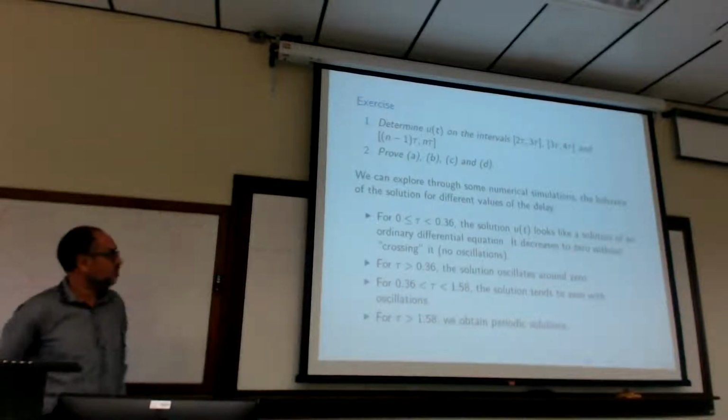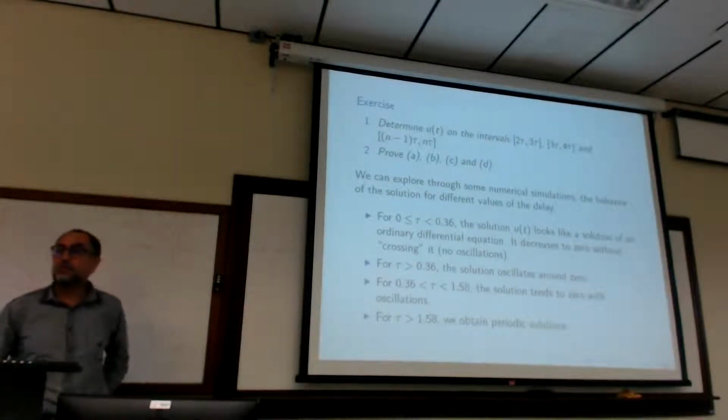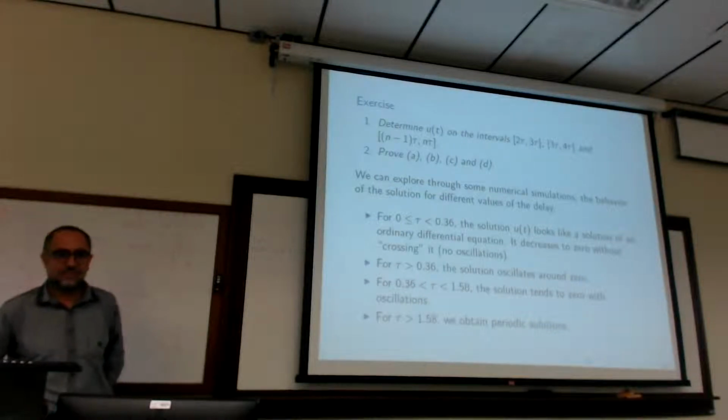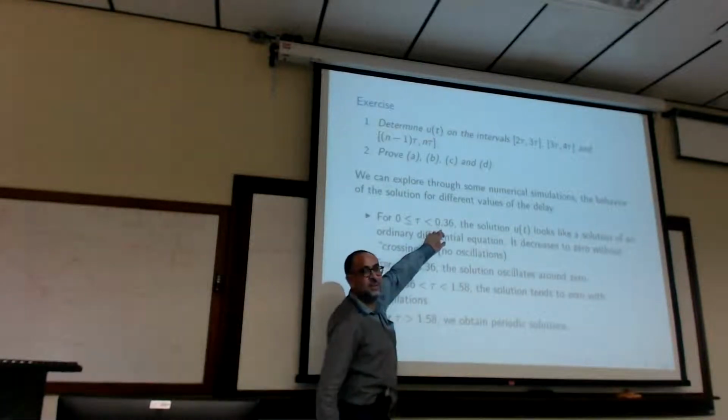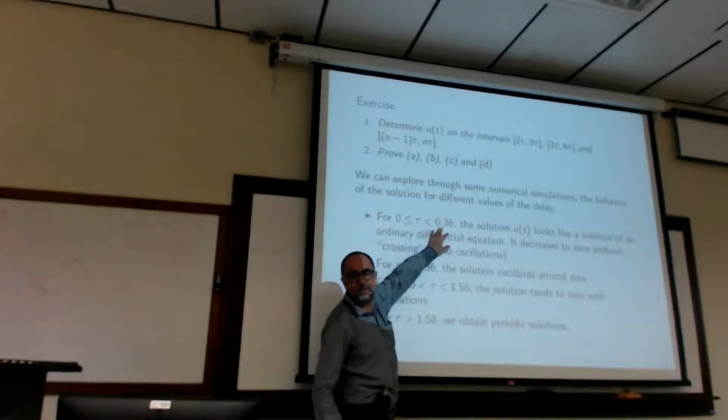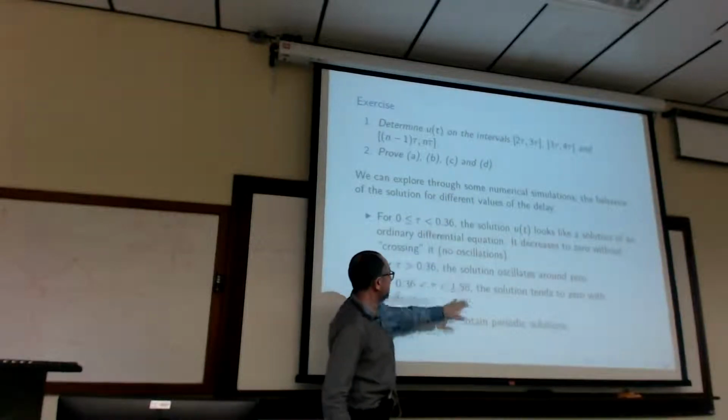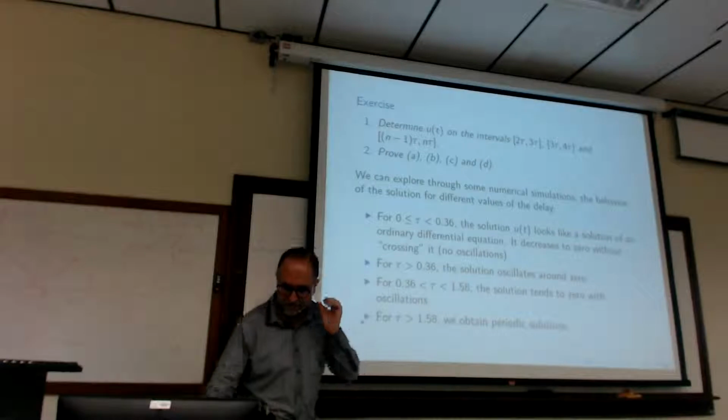And I will show you after, for the delay differential equation, we will find these 2 points. This one is only an approximation. I will give you the real value of this point and the real value of this one.